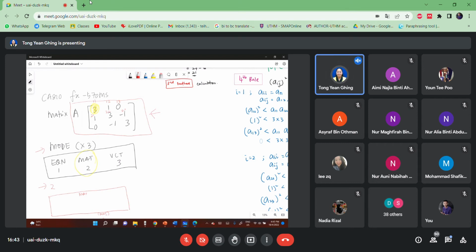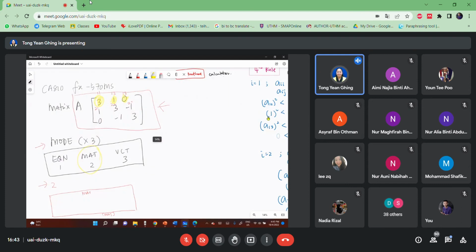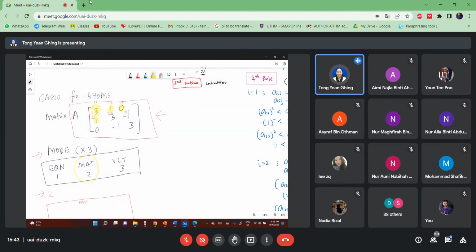Matrix A11 is 3, equal to, and then A12 is 1, equal to, then A13 is 0, equal to, then A21 is 1, equal to, A22 is 3, equal to, A23 is negative 1, equal to, and then A31 is 0, equal to, A32 is negative 1, equal to, A33 is 3, equal to.